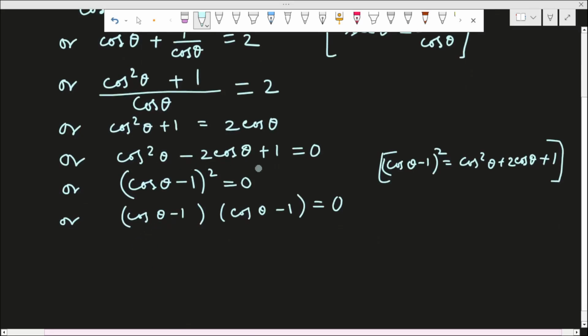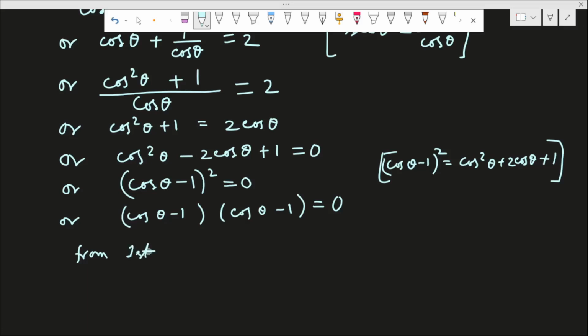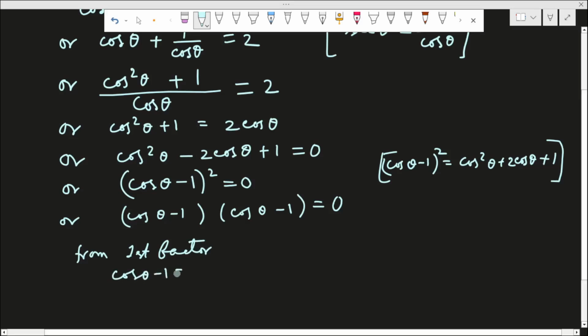As this is a quadratic equation but the two roots are equal, from the first factor, cos theta minus 1 is equal to 0, or cos theta is equal to 1.